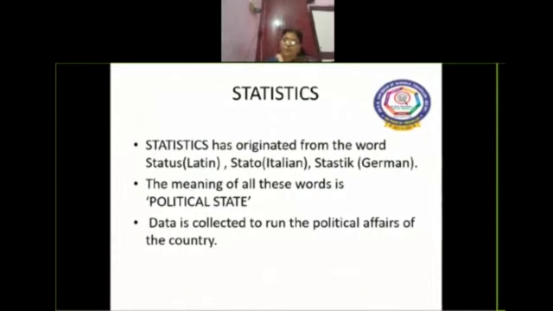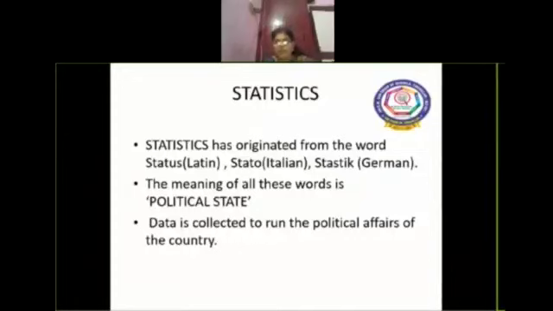And what is meant by statistics? It seems that statistics has originated from the word status in Latin, stato in Italian, and statistik in German. But overall, the meaning of all these words is nothing but political state. From the meaning itself, we come to know that data was collected mainly to run the political affairs of the economy.